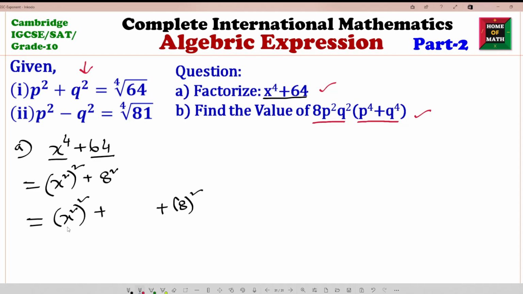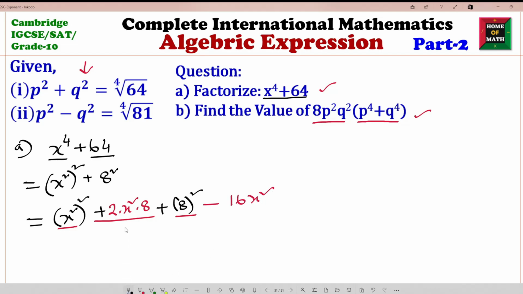Look, it's looking like a square and b square. So if we add 2ab, where a means x square and b means 8, plus 2 x square times 8 is an additional thing, so we subtract it, minus 16x square.